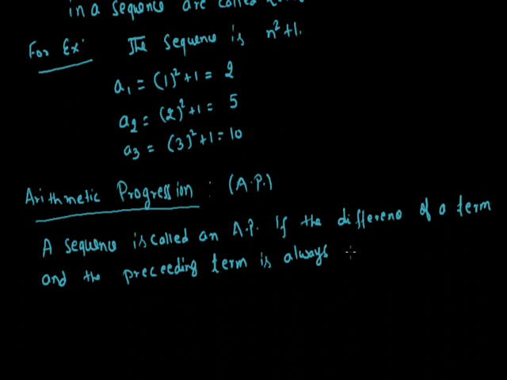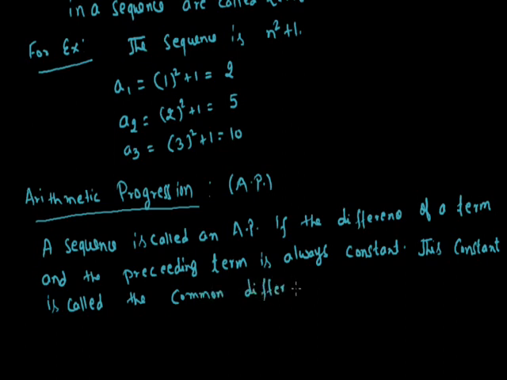This constant is called the common difference of the AP and is denoted by small d.